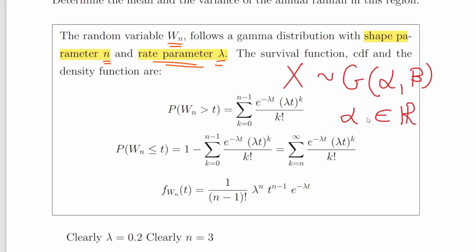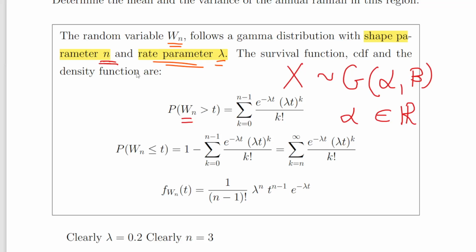In this particular instance, Wn, the shape parameter n is an integer. The rate parameter is denoted lambda just to tie in with the usual applications with the Poisson and exponential distributions. There's not a whole lot of difference between using lambda and beta, but the n is important, to emphasize it is an integer.